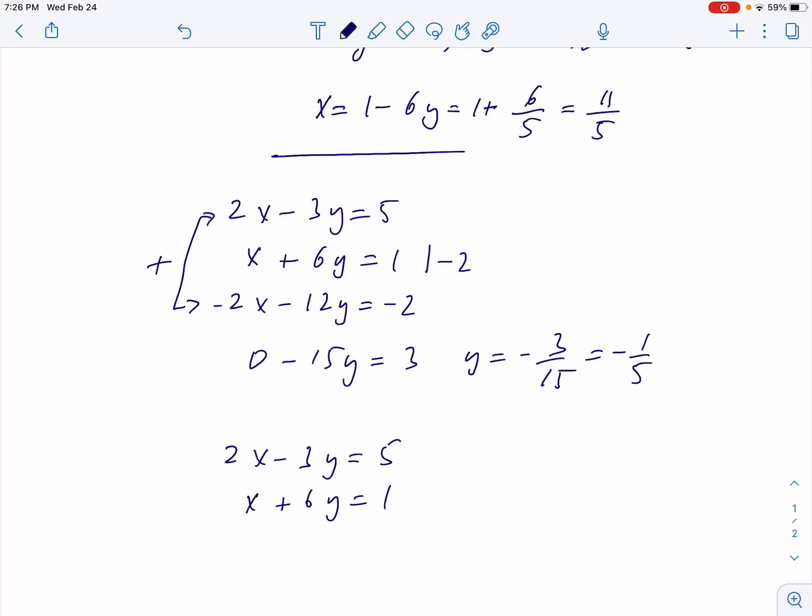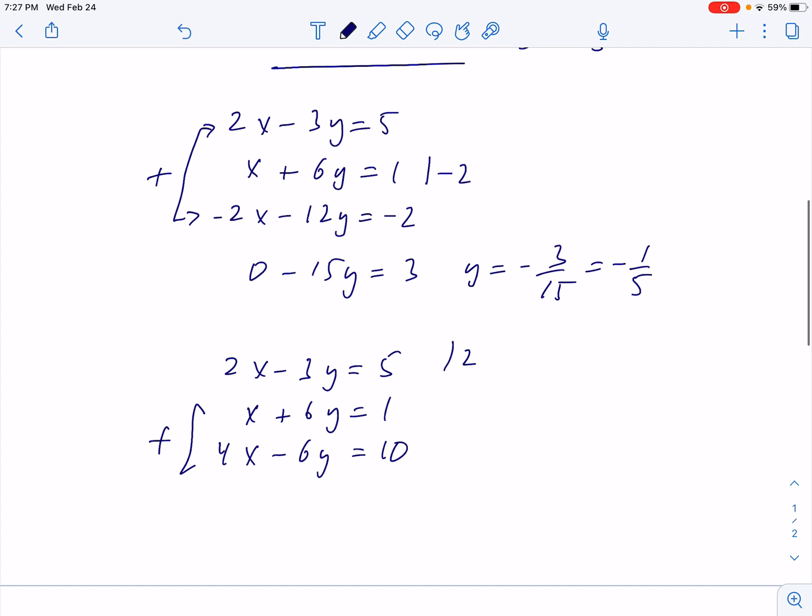Now I will multiply the first equation by 2. And the coefficient in front of y will become negative 6. In the second it is plus 6. I'm writing the new first equation: 4x minus 6y equals 10. Now adding these two, I have 5x plus 0 equals 11. So x will be 11/5. Both of these unknowns were found by elimination.